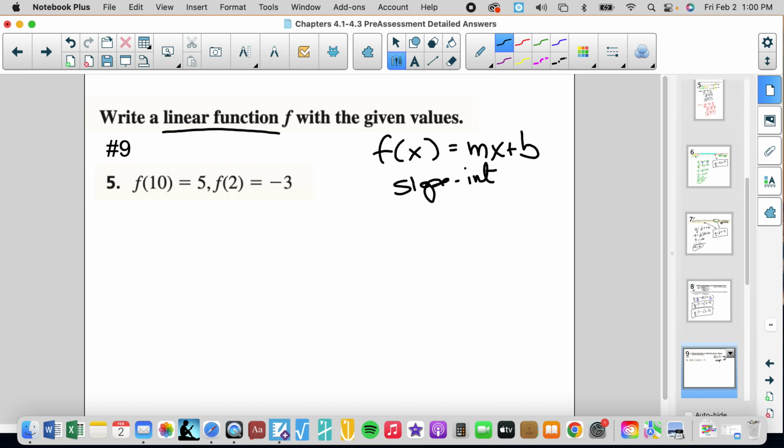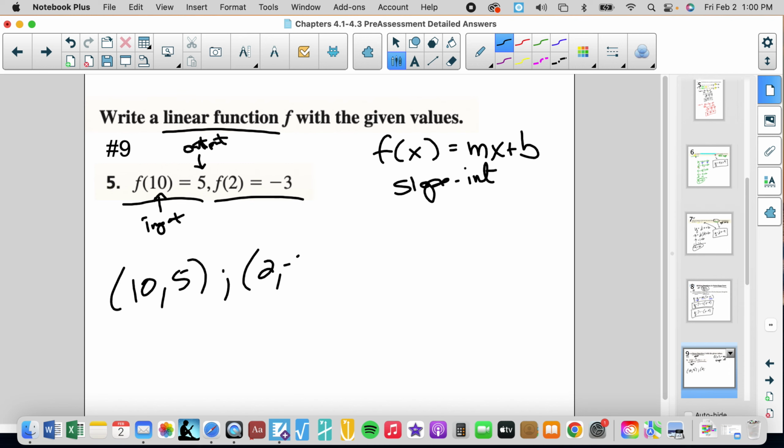You'll see. So when we see these two functions, we see the input and we see its output. It's very important for you to comprehend what that information is. So we're inputting 10 and we get an output of 5. We input 2 and we get an output of -3. Why is that important?